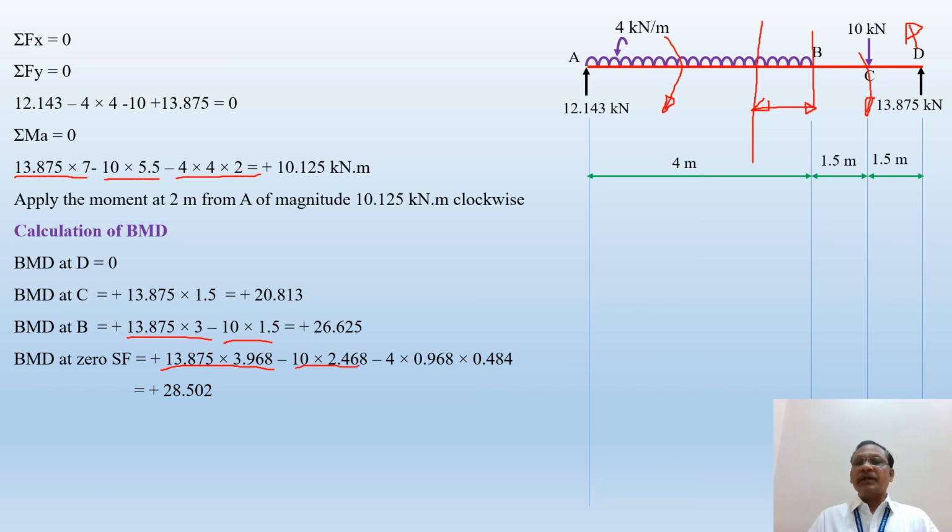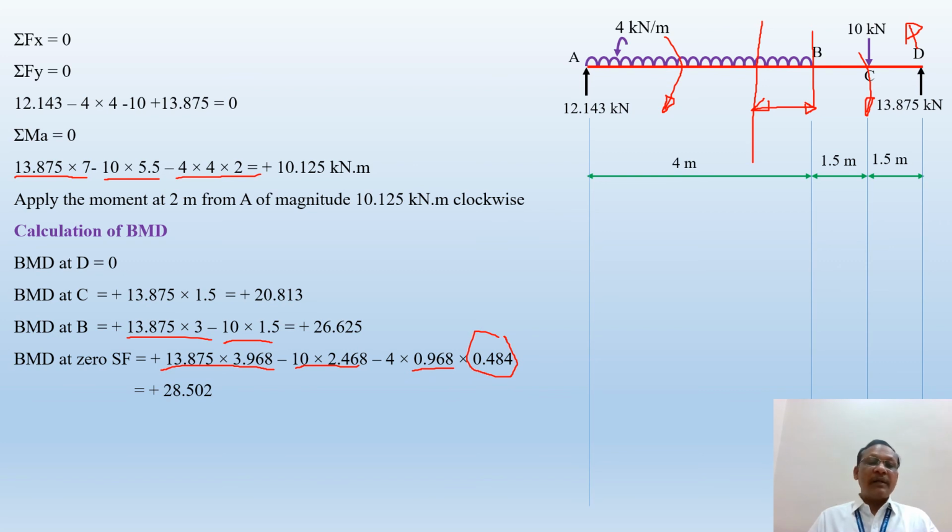Again the moment due to this UDL acting over this 1 meter distance, so 4 into 0.968 into 0.484, this distance we get as 0.968 divided by 2.